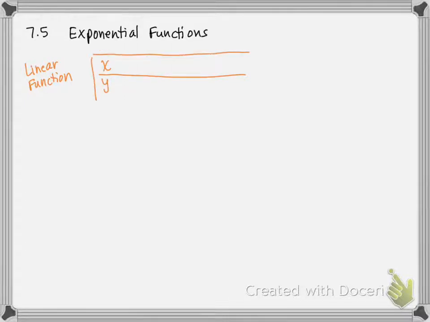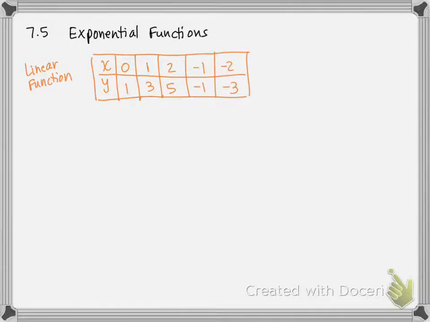So we've got 1, 2, 3, 4, 5 pairs together. So our x is 0, 1, 2, -1, -2, and then we have y values 1, 3, 5, -1, -3.